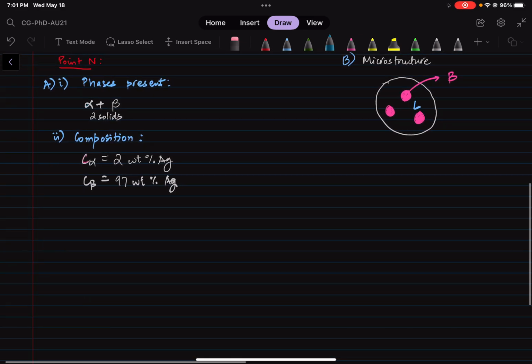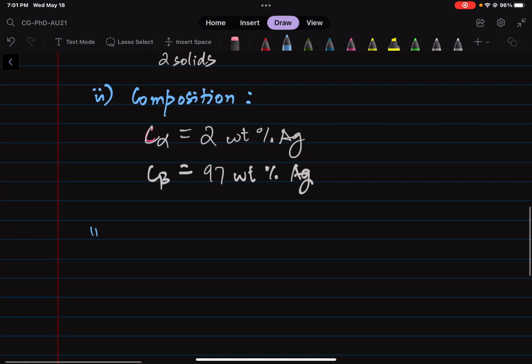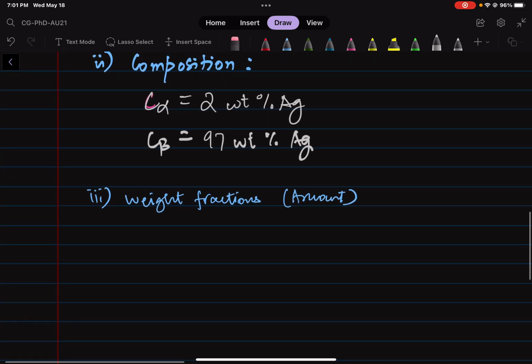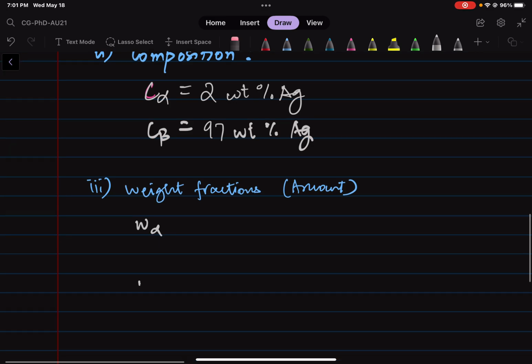Writing the same as we did for the liquid and beta example, for the weight fractions or the amount of each phase, you have the W alpha and the weight fraction beta.